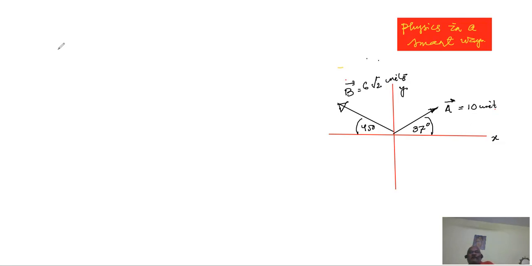We know the first analytical method is the parallelogram rule or cosine law, which has its own merits and demerits. The second analytical method is the component style or rectangular component method.